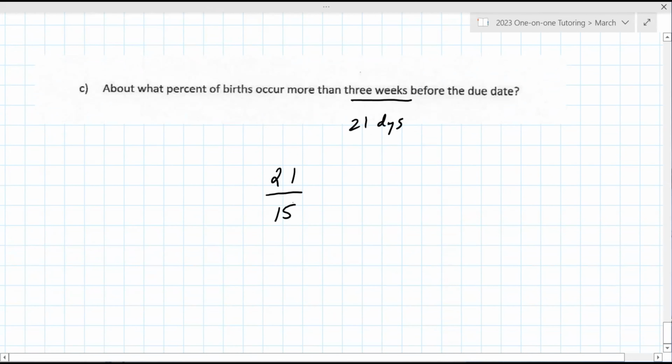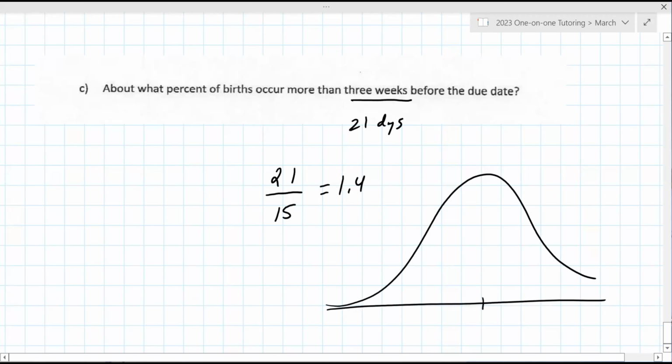When we do that calculation, 21 divided by 15, we get 1.4. So what you're looking for on the normal curve is, assume that the mean is 0, a normalized mean, and this is negative. They're basically asking what is the area left of this minus 1.4, and you can get that using Excel.